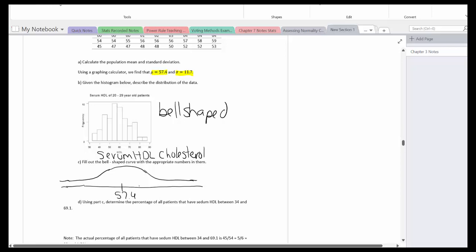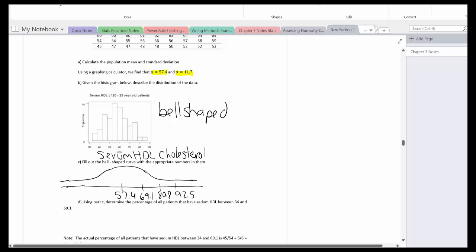So again, if I want to go from the right-hand side of the mean, I'm going to take the mean and add the standard deviation. So 57.4 plus 11.7, that's 69.1. 69.1 plus 11.7, that's 80.8. And 80.8 plus 11.7 is 92.5.